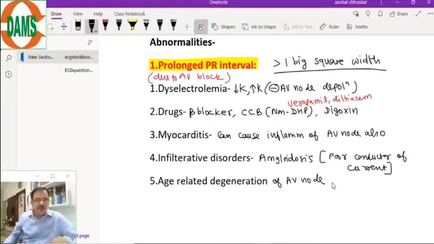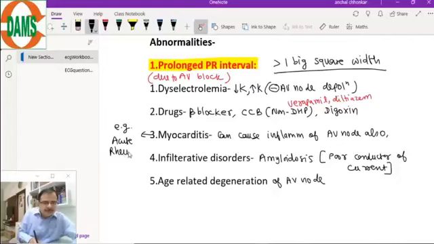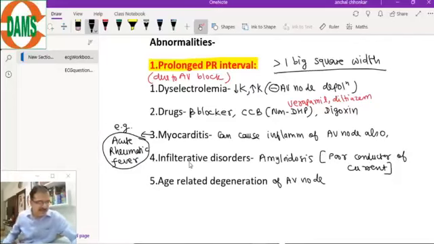Rheumatic heart disease will come in the myocarditis section, and one of the examples of myocarditis is acute rheumatic fever. Acute rheumatic fever. So this acute rheumatic fever will cause AV block, prolonged PR interval.